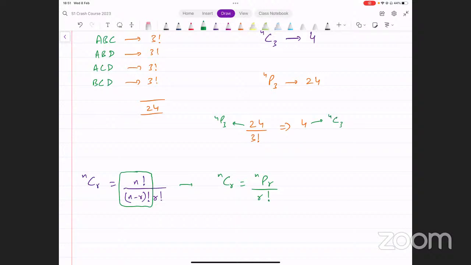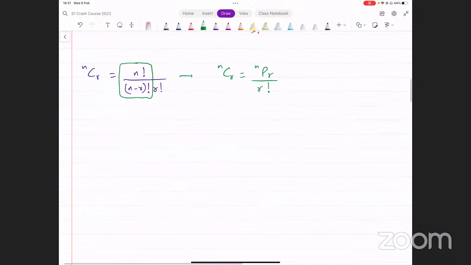So this relationship between permutations and combinations is important because this can be rearranged as nPr equals nCr into r factorial.